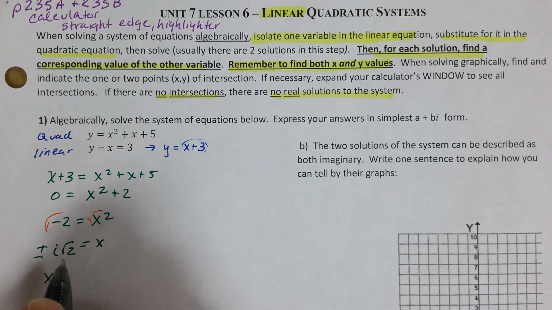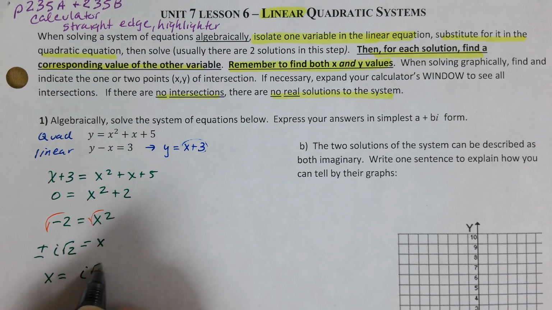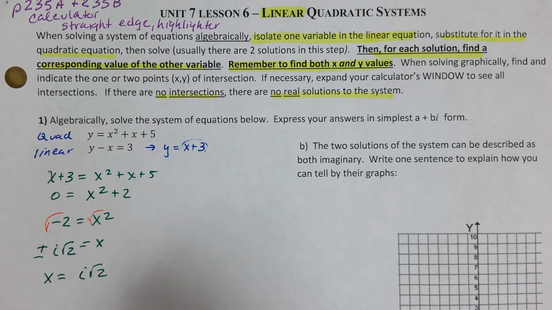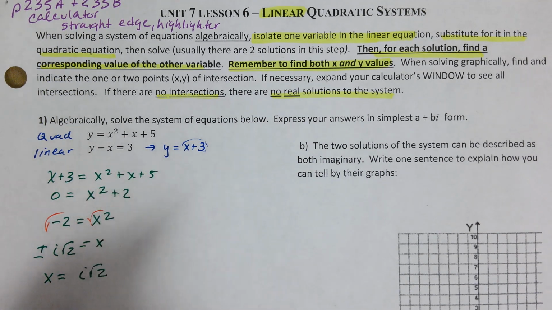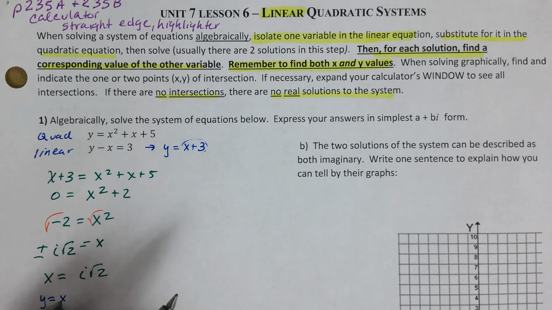So when x equals positive i square root of 2, what does y equal? I'll go back up to y equals x plus 3. So y will equal i square root of 2 plus 3.